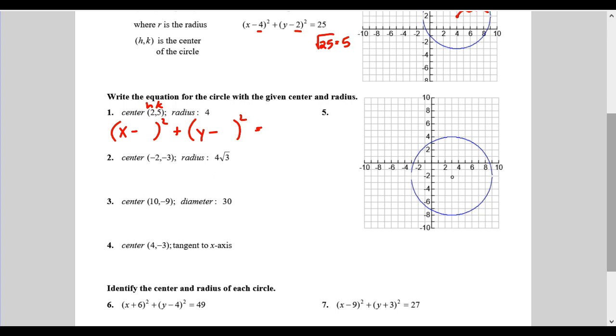So x minus the x value, which is 2, and y minus the y value of this center, which is 5, so y minus 5. And then the radius squared. So 4 squared gives me what? 4 times 4 is 16. There's my equation.